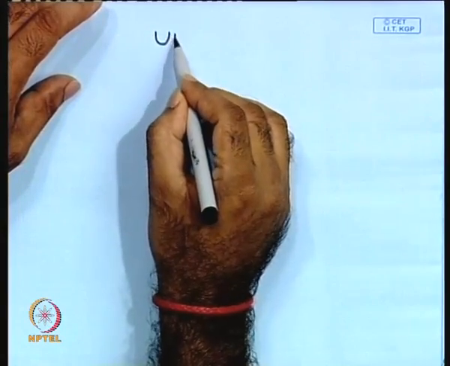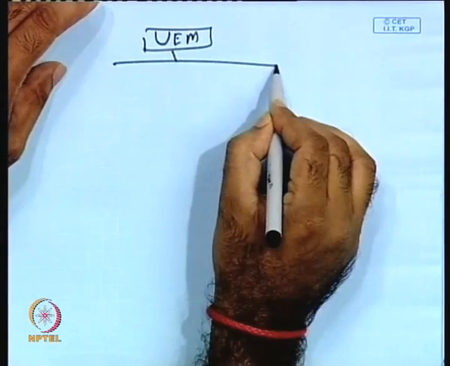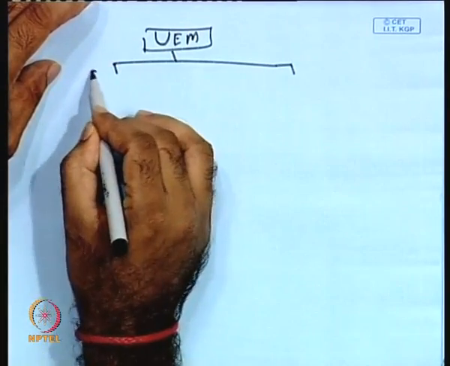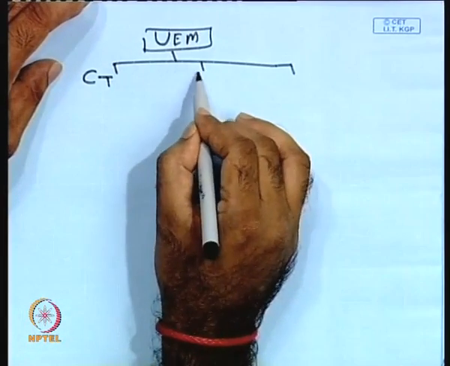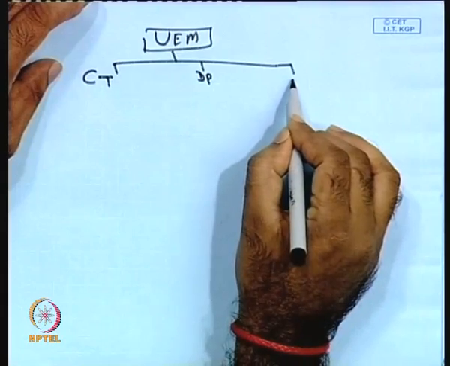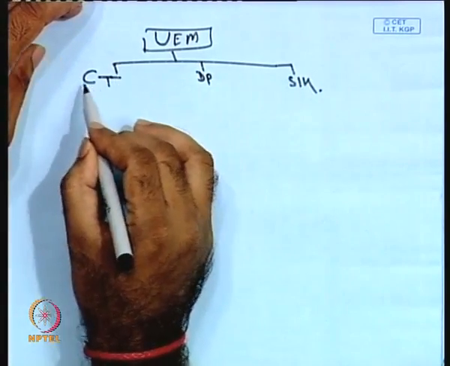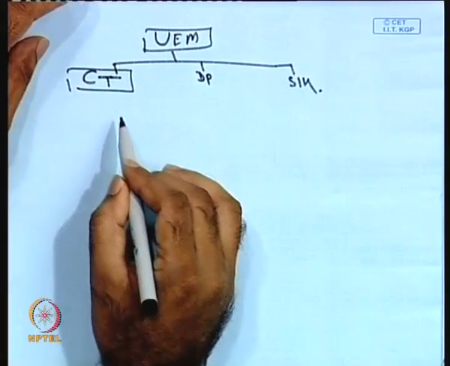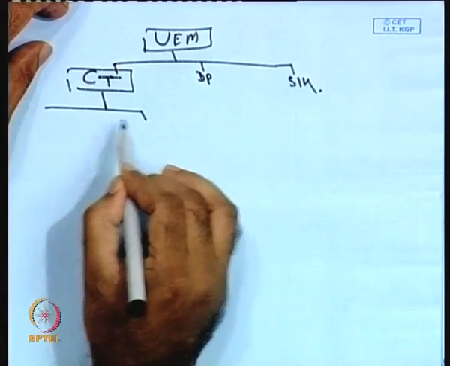Let me first give you the framework of univariate econometric modeling. So, univariate econometric modeling, as I have already mentioned, has three different structures altogether: central tendency, then dispersion, then skewness and kurtosis. Okay. Under central tendency, we have altogether three different setups. Okay.